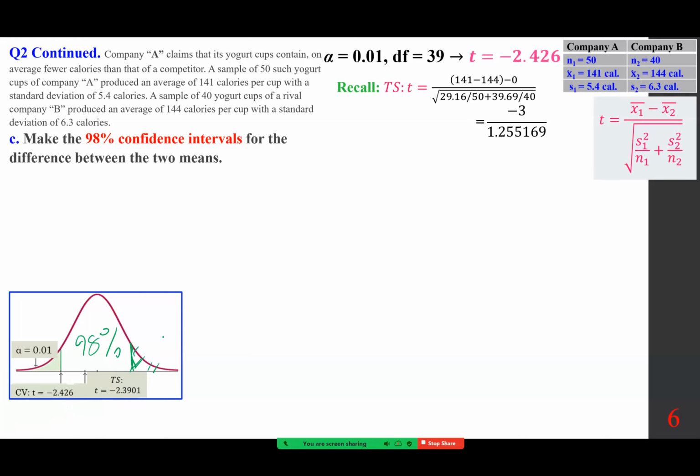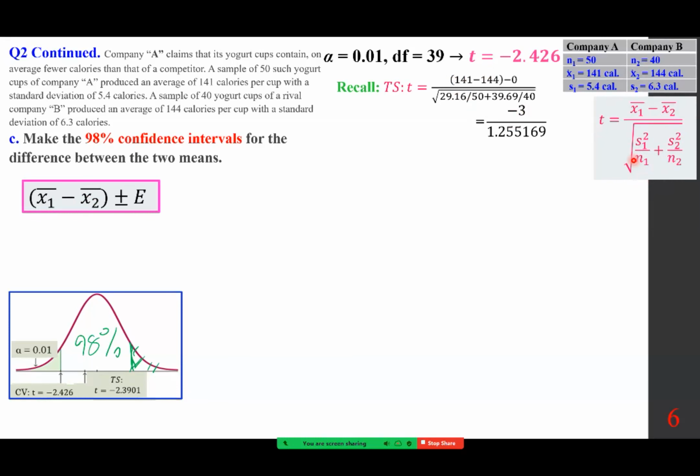And we're going to use x1 bar minus x2 bar plus or minus E. Now, what I want to show you is that a lot of calculations have already been done for E, and we're going to plug in. So I'm going to remind you of this formula. In the numerator, we have x1 bar minus x2 bar. So this is this part. In the denominator, we have this one.